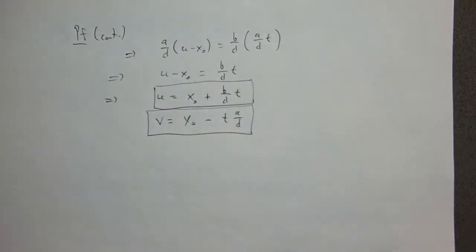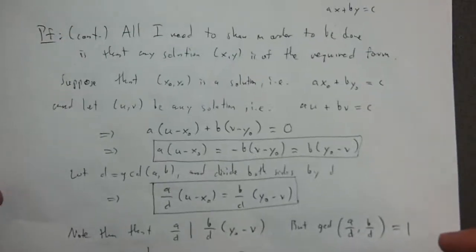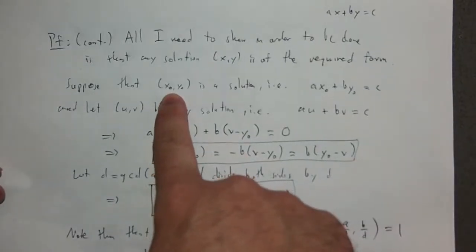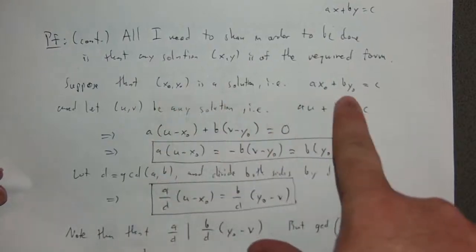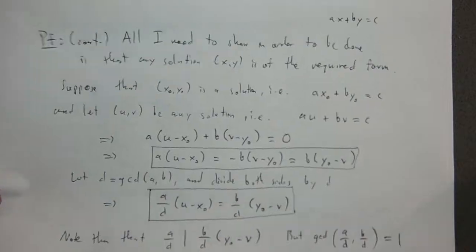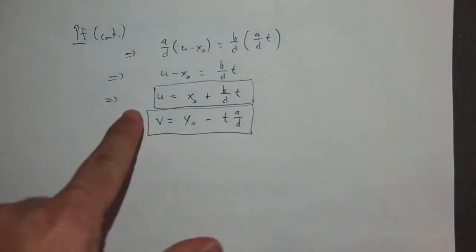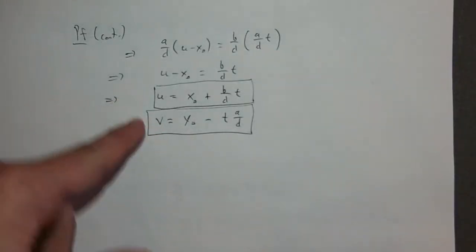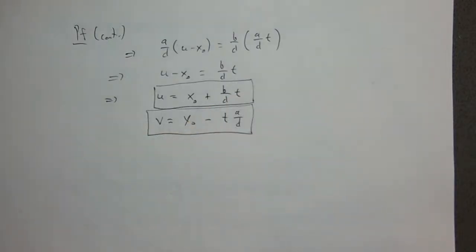Now, what did we assume? Well, we assumed that we started with any particular solution, x naught, y naught, and we let u, v be any solution, and we have ended up with our any solution u and v being of this particular form, which is exactly what we wanted to show. So this is it.